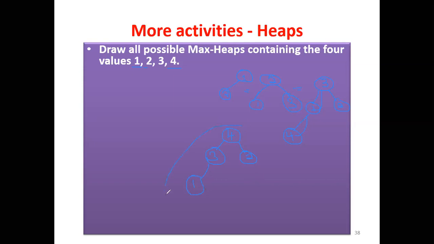So this is one of the possible structures of the max heap. I will leave the rest for you to complete. Following these steps that we just followed here, you can draw other possible structures of the max heap.